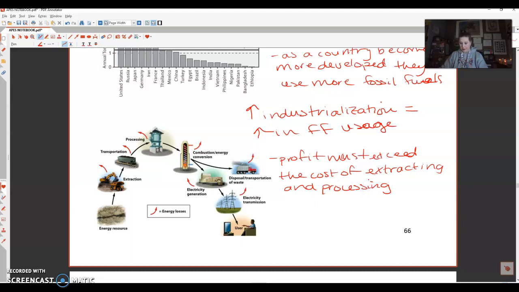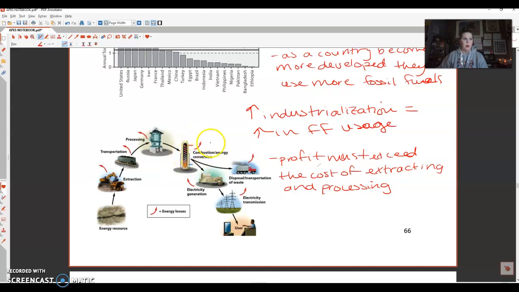Okay. All right. So you have to identify where the energy source is. Okay. So where is the oil, the coal, the natural gas? You have to extract it. You then have to transport that raw material to a processing plant. And I'm referring to this image right here, guys. Okay. So once it's in the processing plant, it then gets converted through combustion into an energy source.